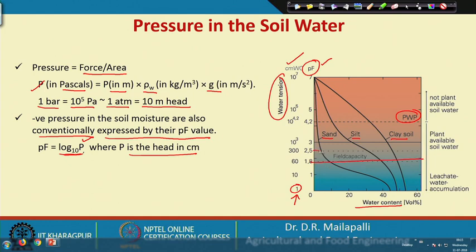It has a range between 1.8 to 2.5 Pf, or between 60 centimeters and 300 centimeters of water height. That will be the field capacity, and below this is all saturated soil moisture.